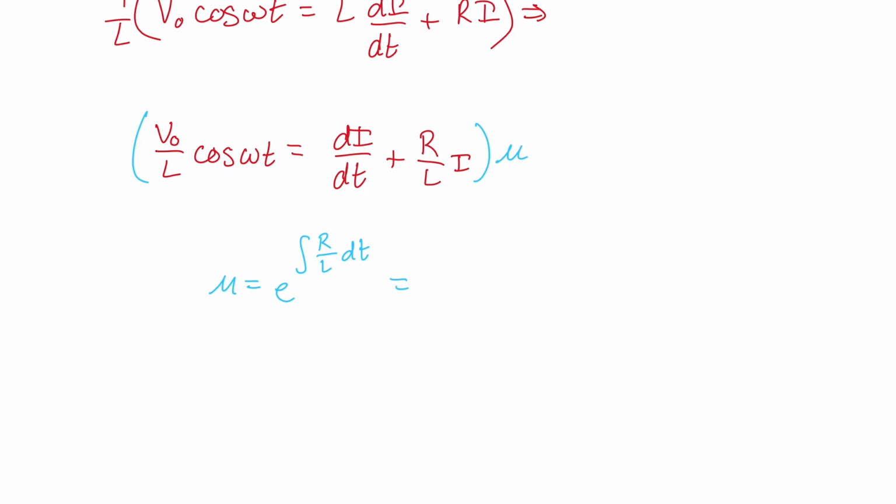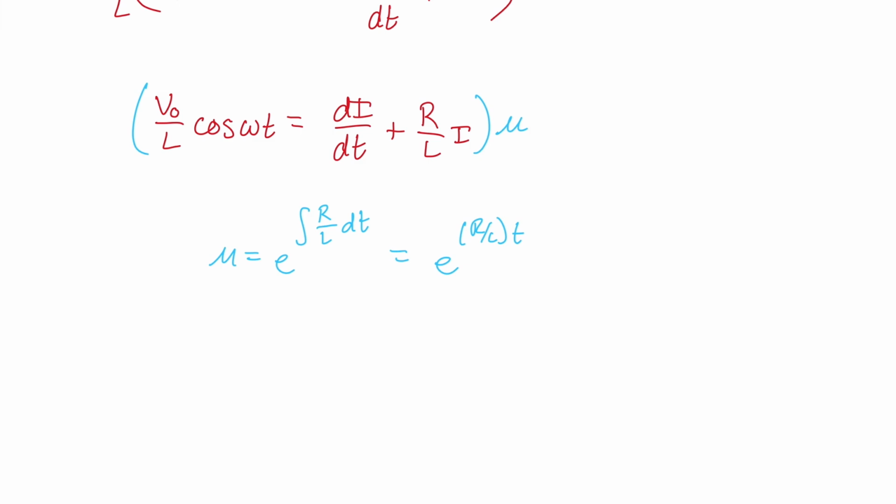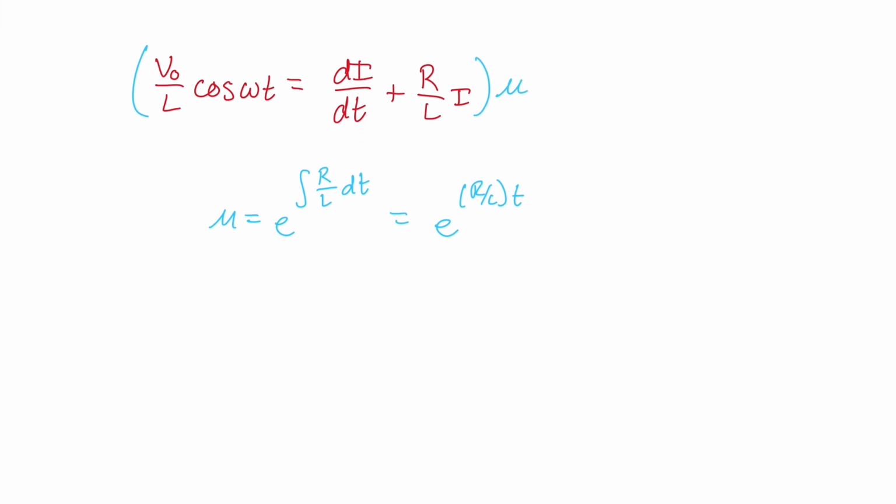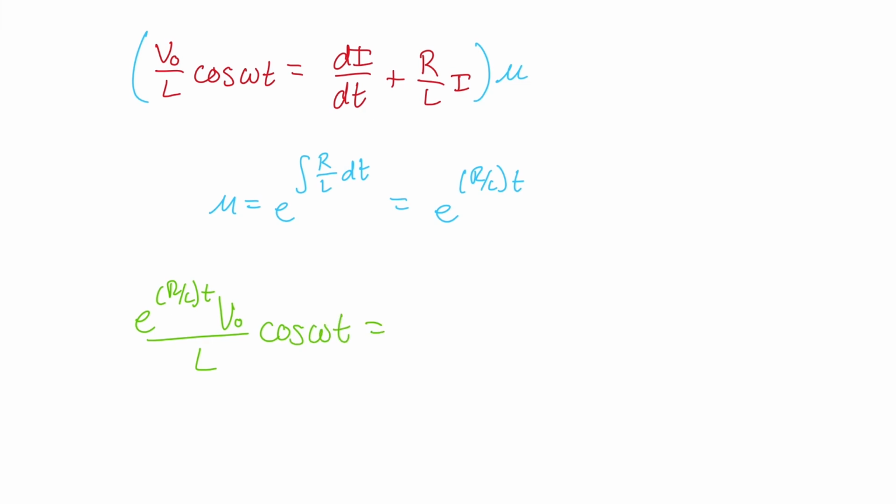Now this is just equal to e to the (R/L)t, which I'm going to keep like that, so we'll have the differential equation e to the (R/L)t times V naught over L cosine omega t is equal to our derivative d/dt of our function I times mu, which is e to the (R/L)t.